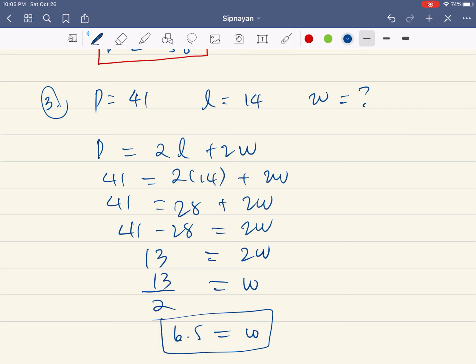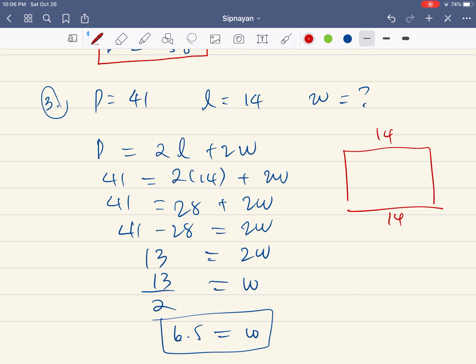Pwede rin 13 halves, depende sa teacher nyo. Or kaya pwede rin 6 and 1 half. Pwede rin yun. So, mag-uusap na lang kayo ng teacher nyo kung pwede yung mga ganong representation. Now, again, pag elementary, pwede yung ilagay yung length na ilan yan, 14, di ba? 14 sa 14.